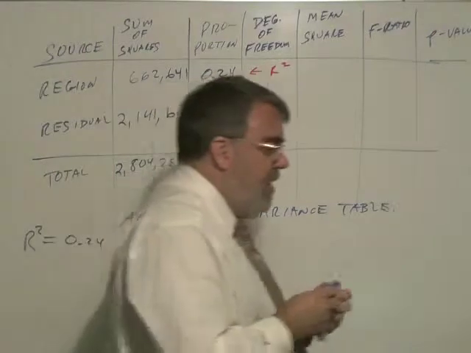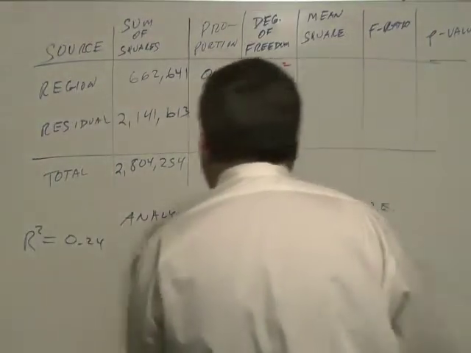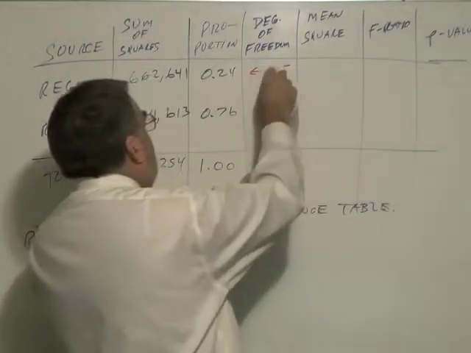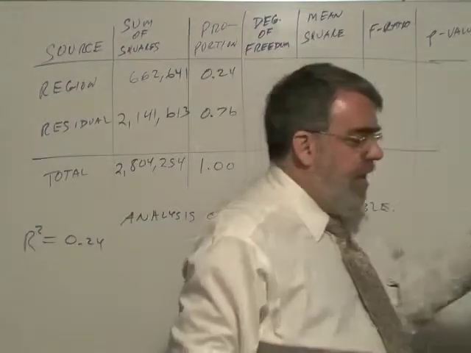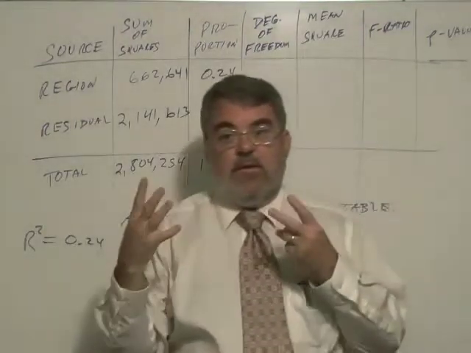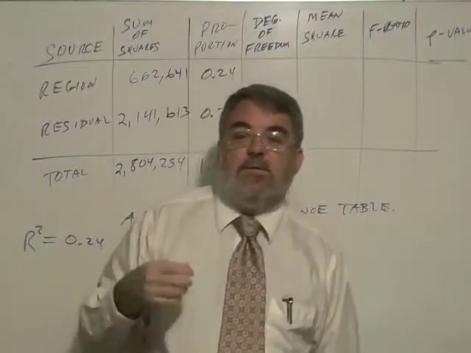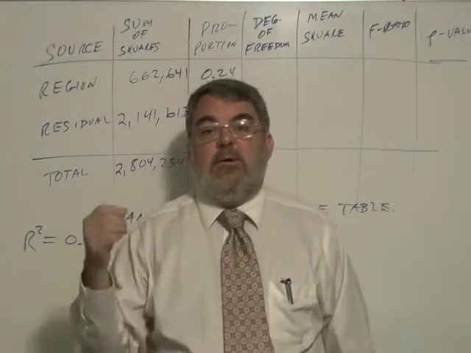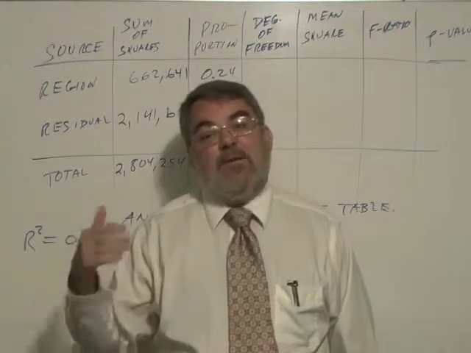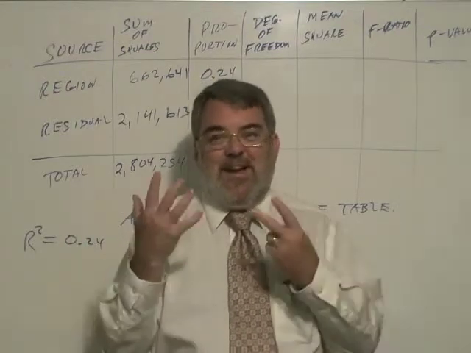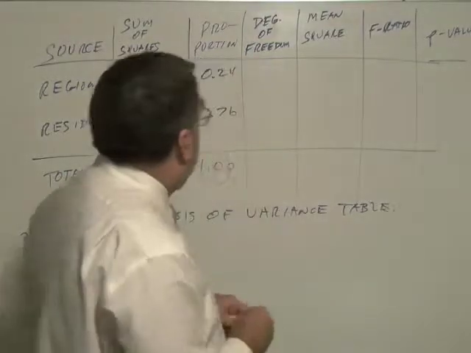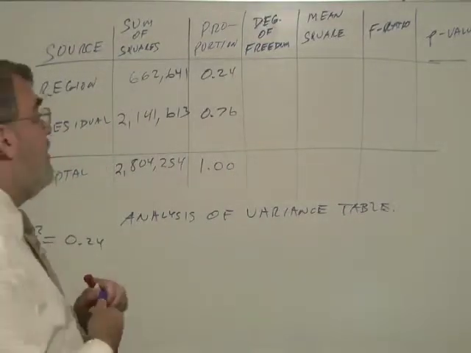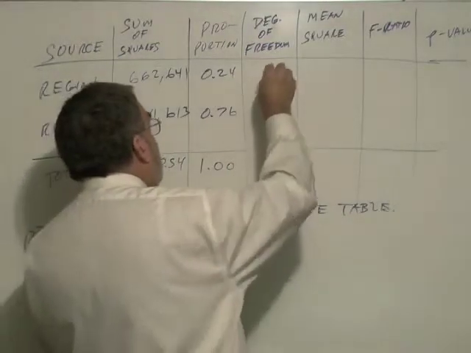So let's hold that thought for a moment, and I'll fill in the degrees of freedom here. Now, we had 7 regions of the country. The degrees of freedom will always be 1 less than the number of groups or categories. Okay, so there's 7 categories, 7 groups, and the degrees of freedom for the region of the country will be 6. It's going to be 1 less than that.